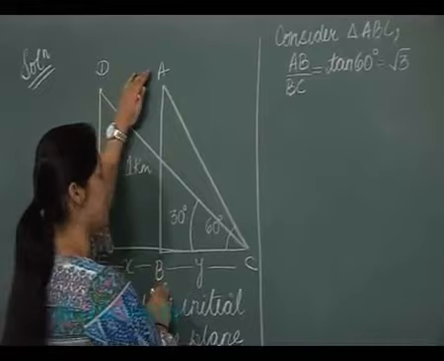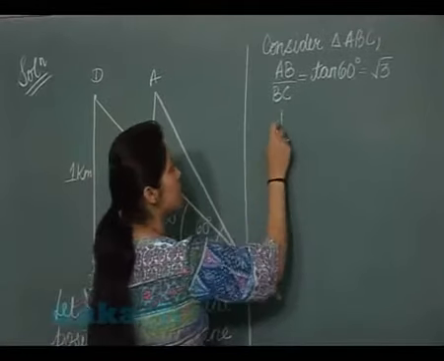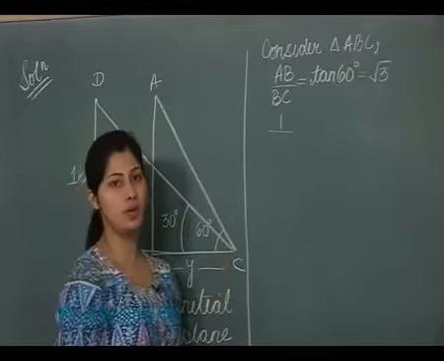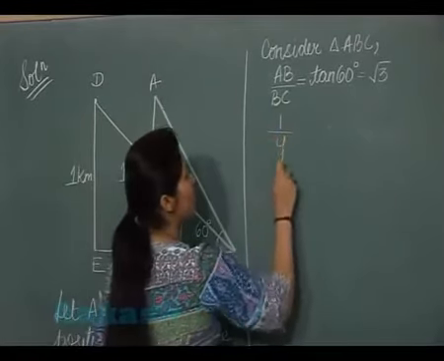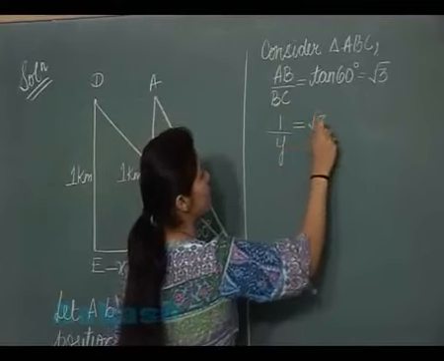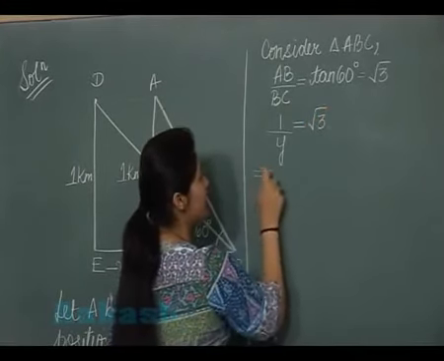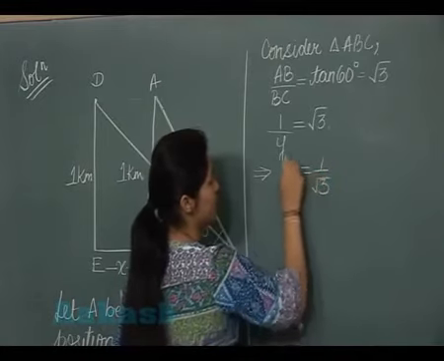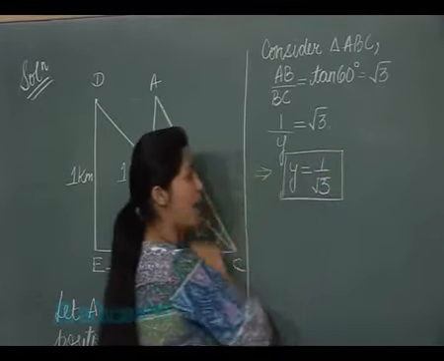Now what is AB? AB is 1 kilometer, so it will be 1 upon BC, which we have assumed to be y. So 1 upon y will be equal to root 3. So this implies that the value of y is 1 upon root 3. So student, we have got the value of y.